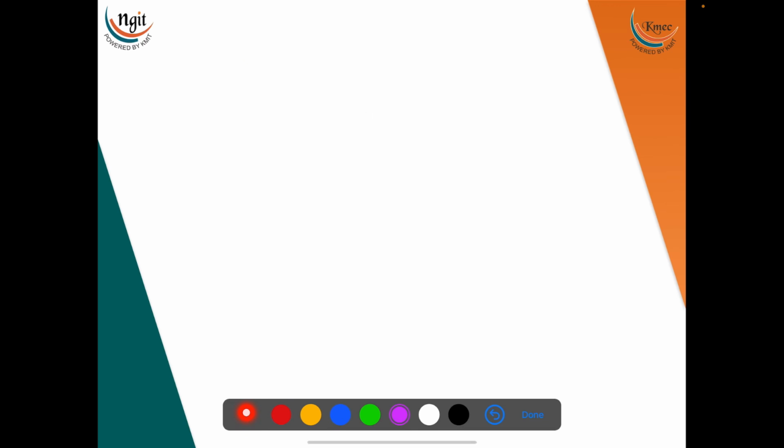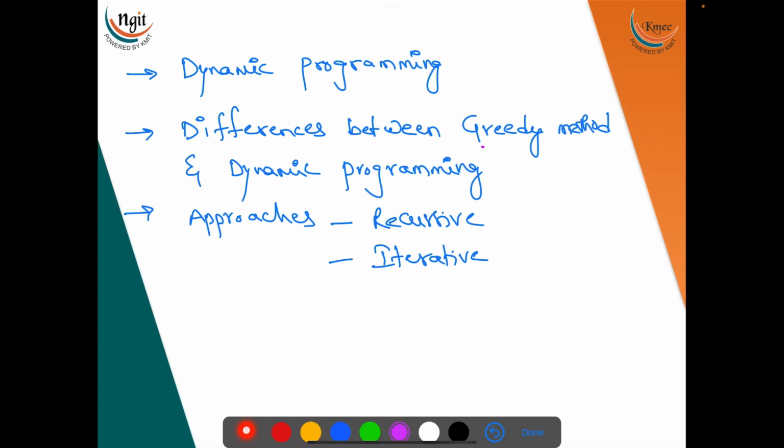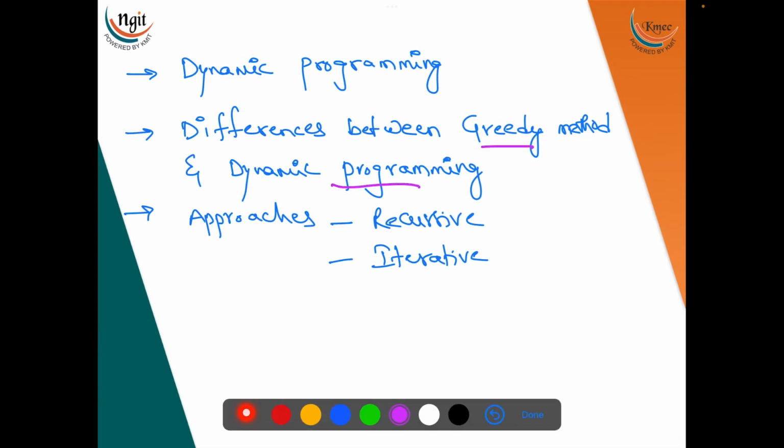Now we'll see the differences between the greedy method and the dynamic programming method. Both are used to solve optimization problems. What do you mean by an optimization problem? Optimization problems are those which require either a minimum result or a maximum result.